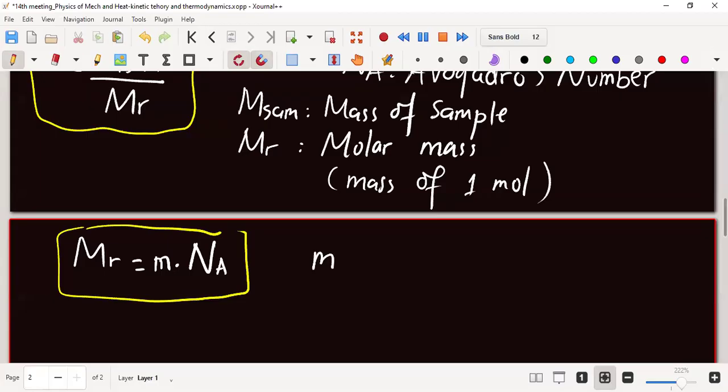Small m is the mass of one molecule. Okay, this is the relation of Avogadro's number, molar mass and mass of molecule, and also the mass of sample.